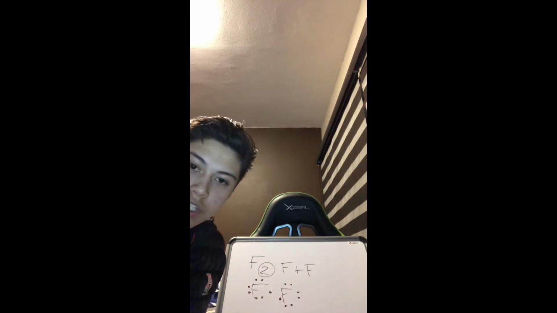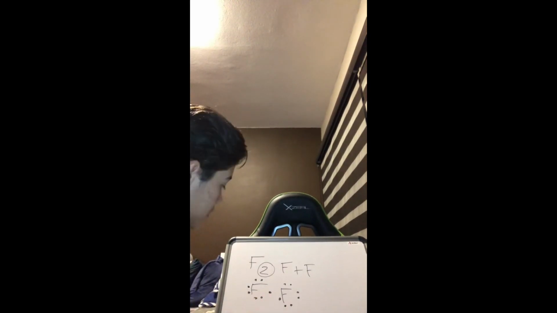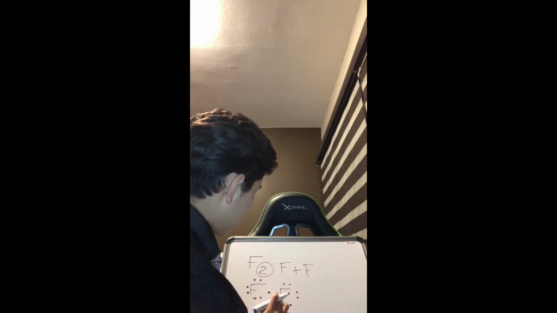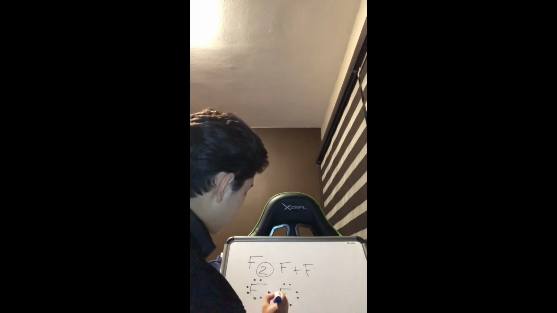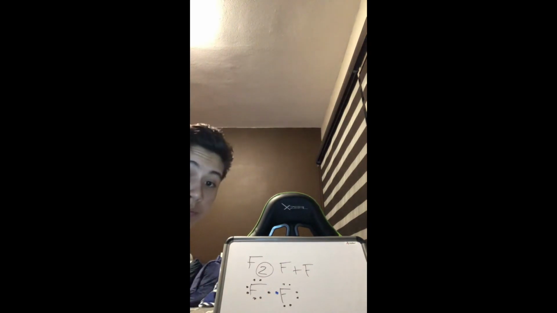Let me change my marker. I'm back from changing it and we're going to continue. Yes, 7. We're going to erase this one and write it right here with the blue marker.